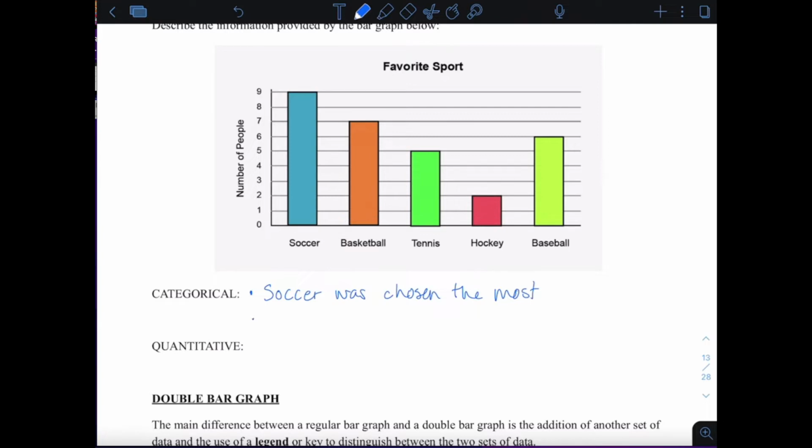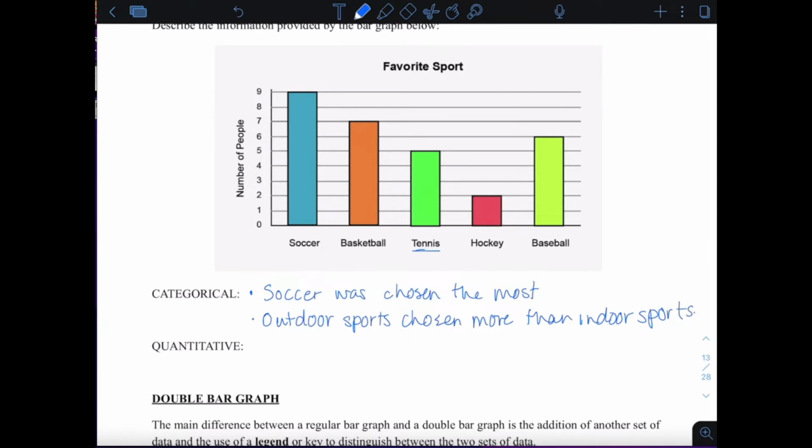Maybe outdoor sports seem more likely to be chosen than indoor sports. Okay, so what do I mean by that?